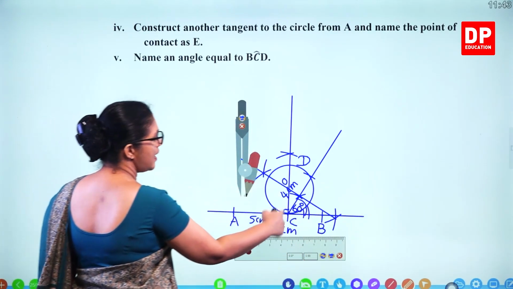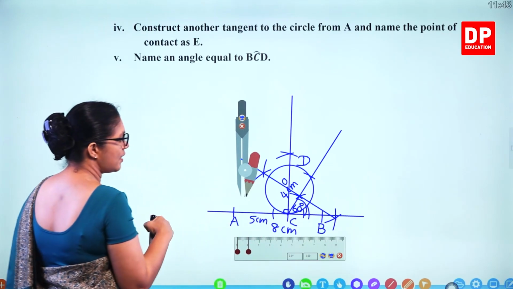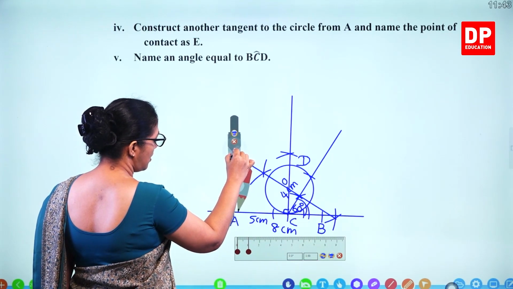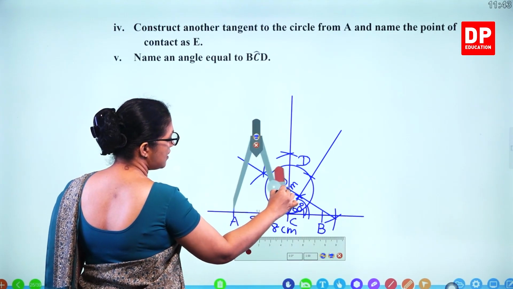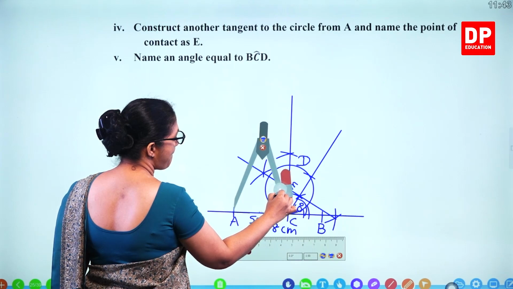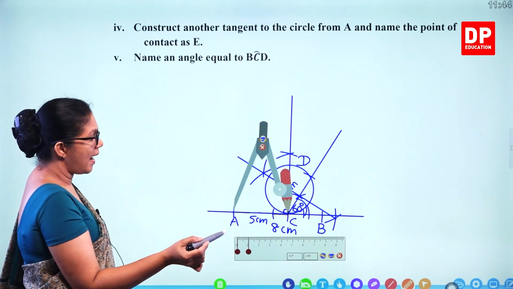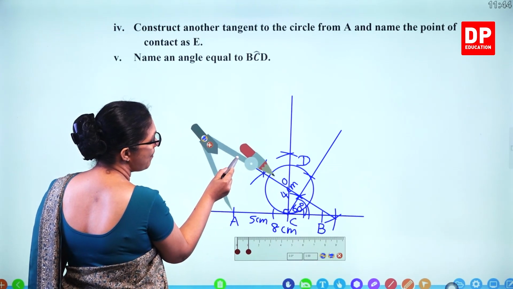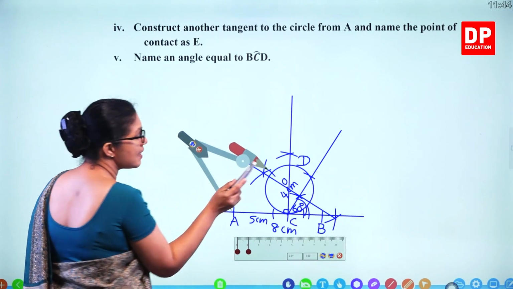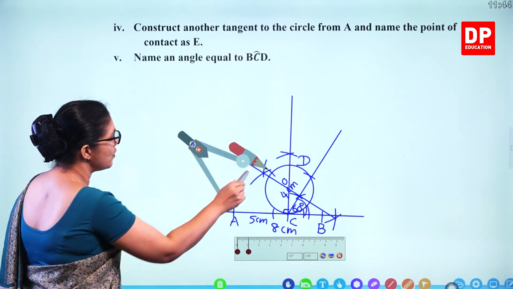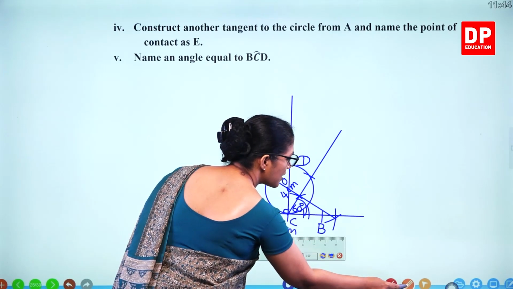This is the radius and this is perpendicular. So we can measure this AC length and find the other point on the circle by marking the same distance because tangents are equal from an outside point. So this is the E point.